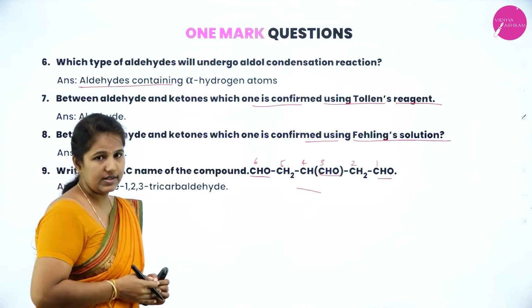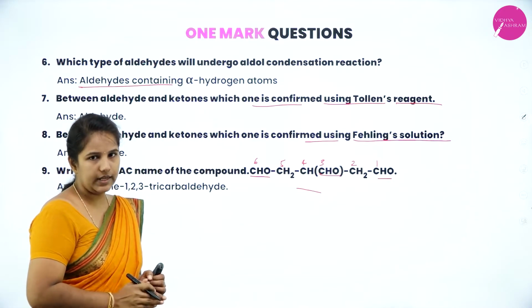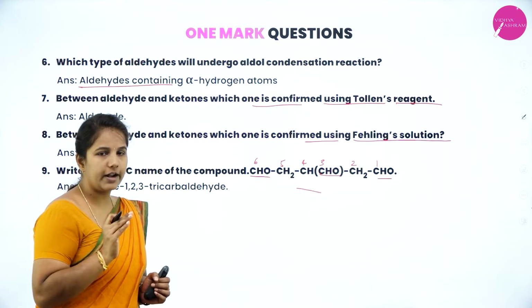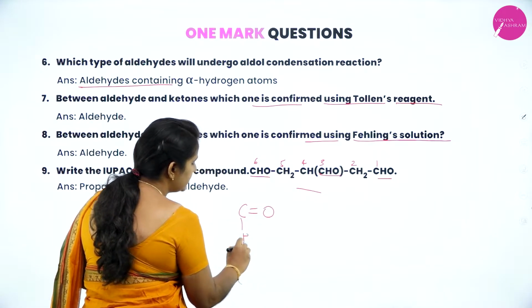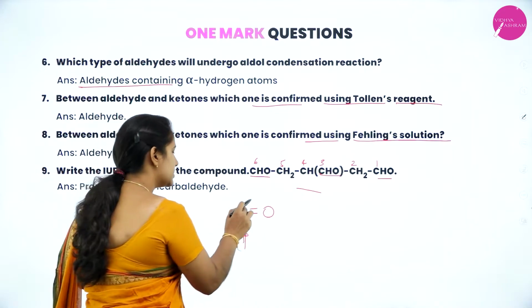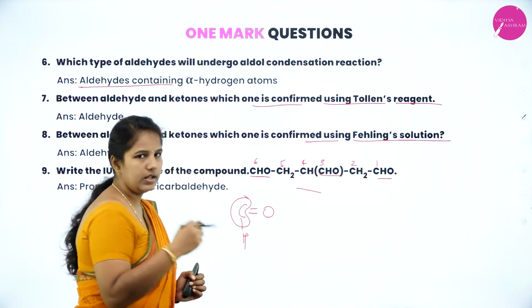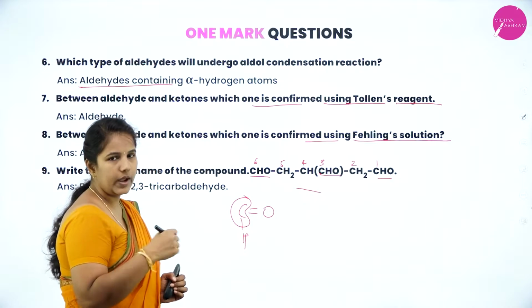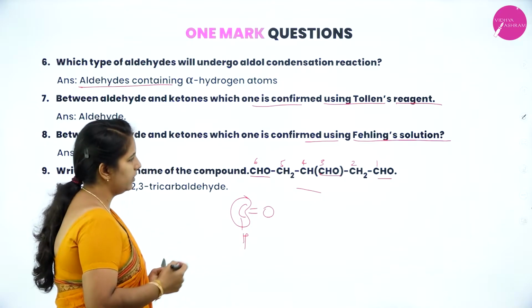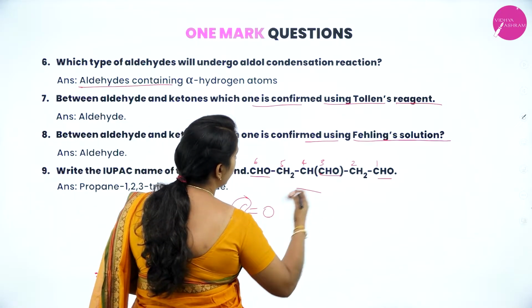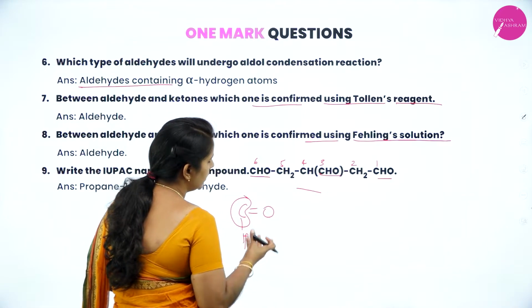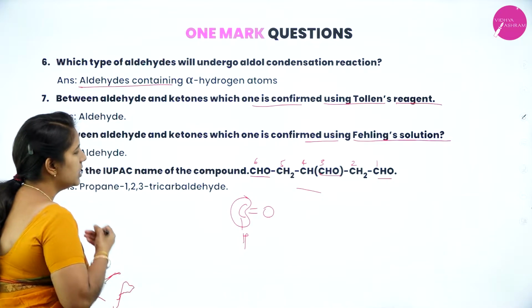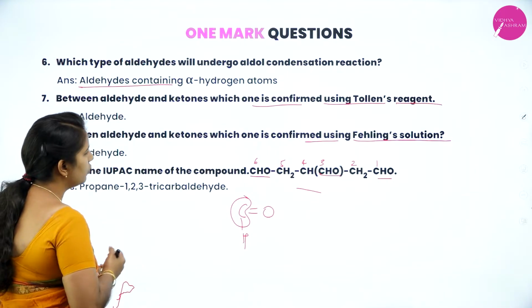Remember, if it is an aldehyde, ketone or carboxylic acid, the carbon atom having the C double bond O H functional group is also considered a chain carbon atom while numbering and naming. So how many carbon atoms do we have? 6. See whether any substituent group is attached or not. No substituent groups are attached, so the naming goes like this.